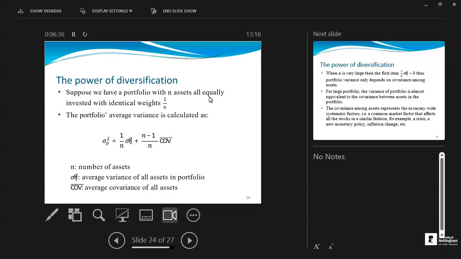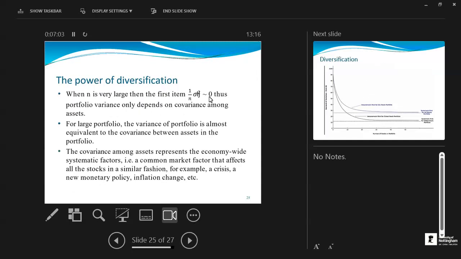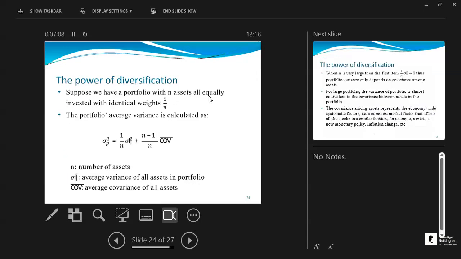So what I want you to think about is, if you take this formula and n is large enough, how would this affect the first term? n is in the denominator, so if n is large enough, this first term would become close to 0, because n is too large.